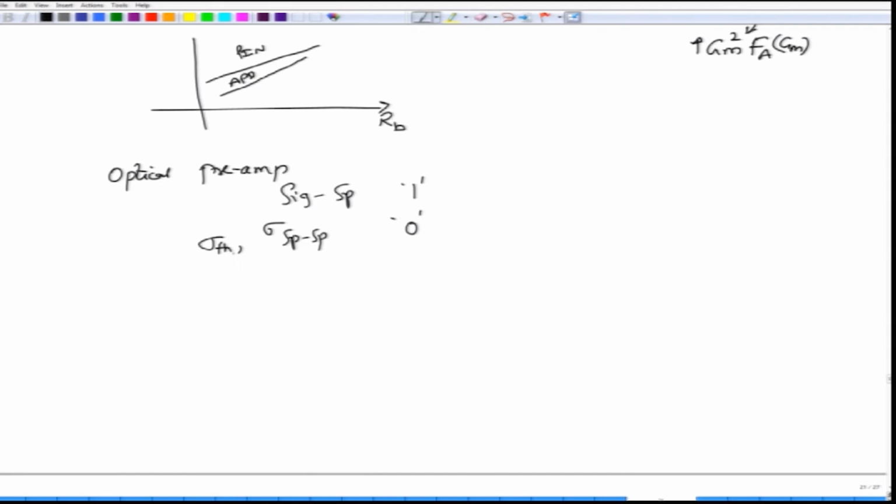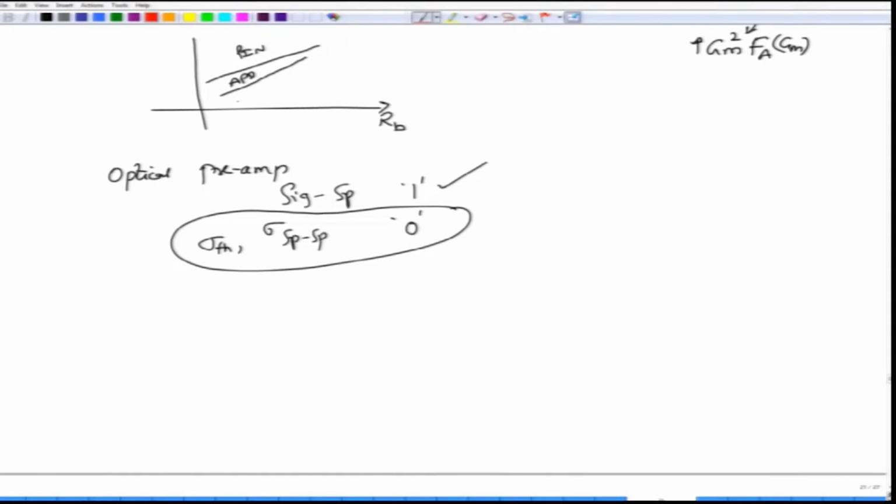What you get is only thermal noise and spontaneous emission noise, but these values are so small compared to the signal spontaneous noise beating that one can neglect this in the expressions for the received power or the sensitivity of the receivers, with the result that the sensitivity actually goes better with the optical preamplifier. So, for the same bit error rate, the power requirement for the preamplifier goes even further down, and that is all happening because of the signal and the spontaneous emission noise process.